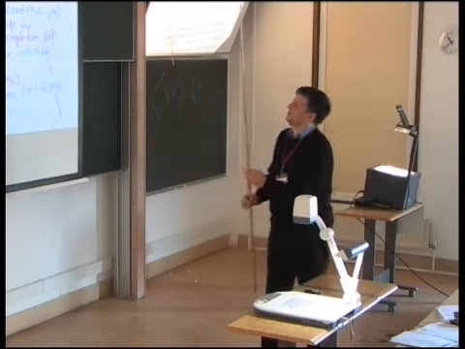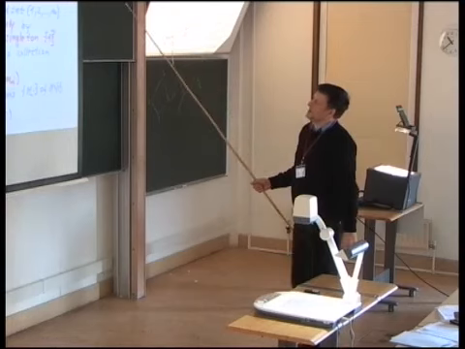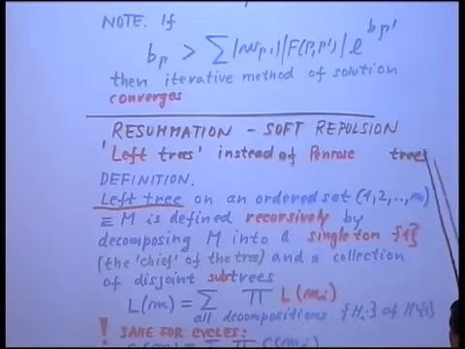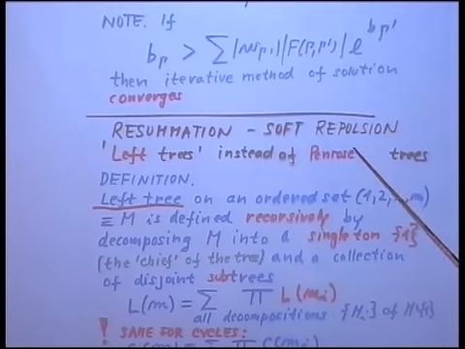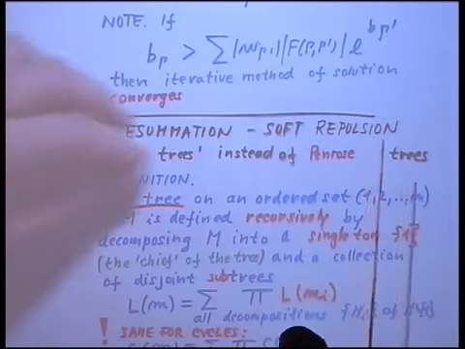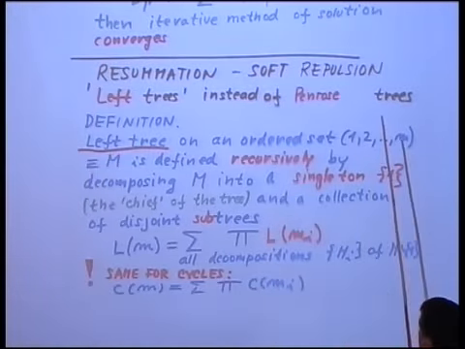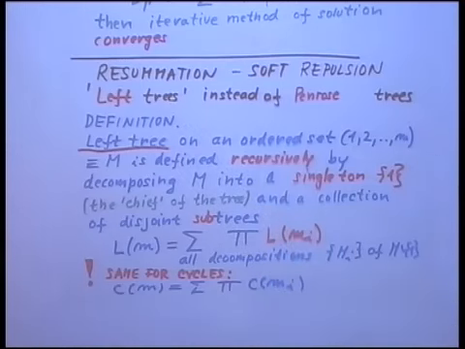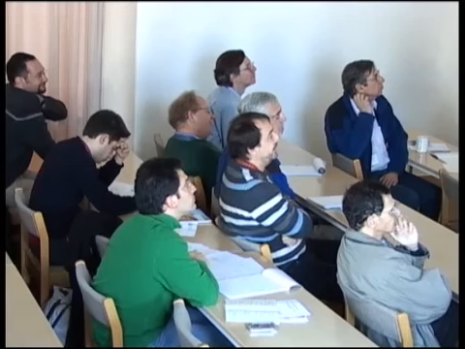So I would like to say also something about some methods of resummation. One resummation for the soft repulsion case will be based on a notion of a left tree. What do you mean by soft repulsion in this case?